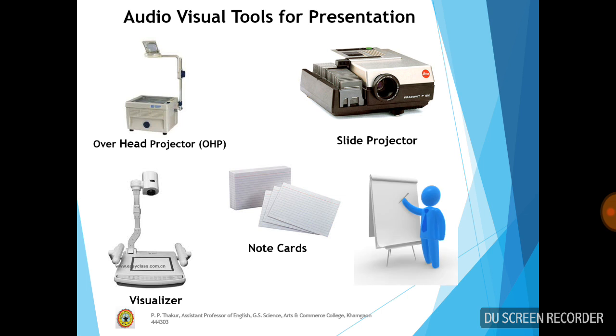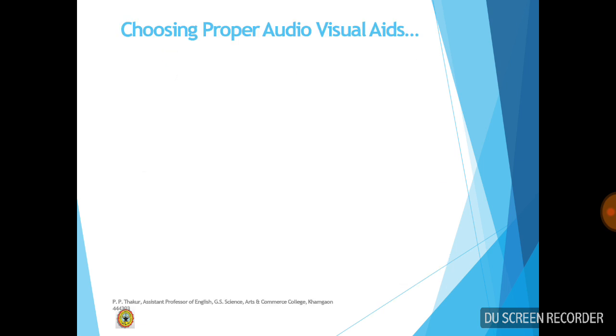This is a flip chart. You can use it like a board, whiteboard or a blackboard. You should choose the most suitable audiovisual tool for your presentation. You can use one or more.